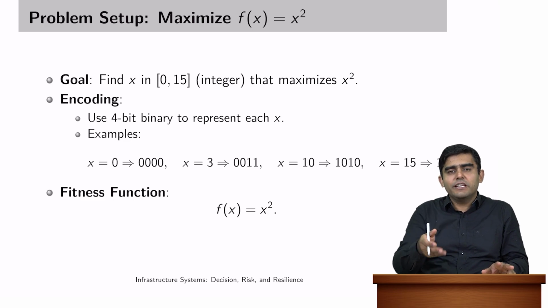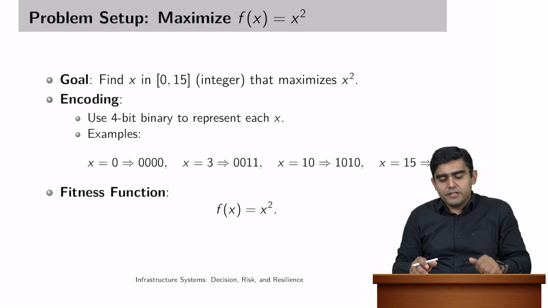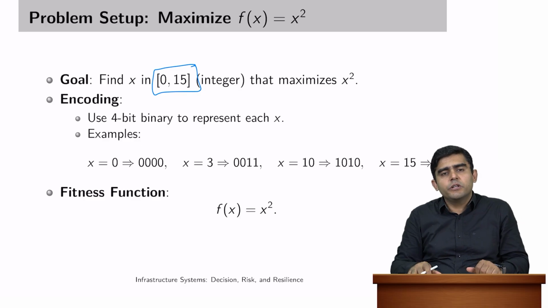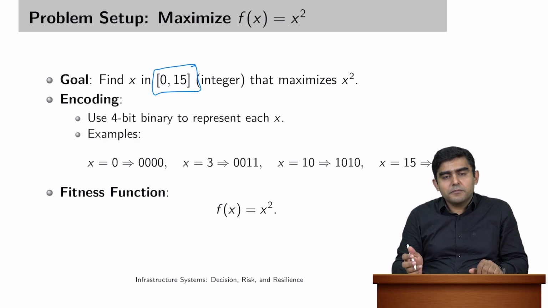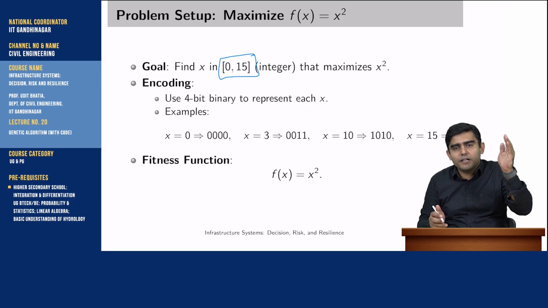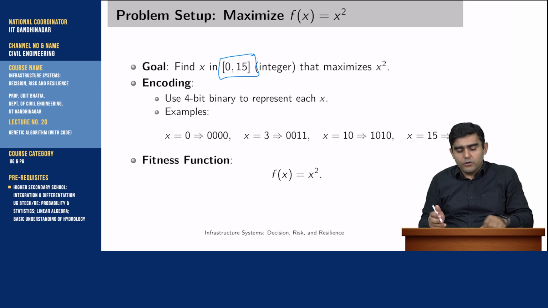Here I am talking about any structured optimization problem, but in this case I have to specify the bound where it should be looking for a solution. You already know the answer. If it's a maximization problem, the answer has to be 225, but let's not worry about the specificity of the answer; let's worry about the approach, how we will solve it the genetic algorithm way and see whether we converge to 225 or not.